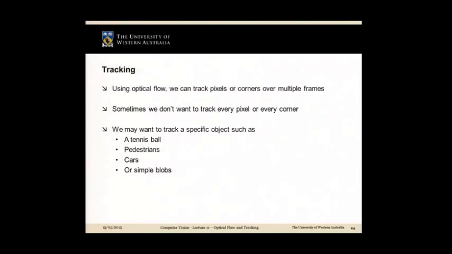So why tracking? We may want to track a specific object such as a tennis ball, right? If we have some world championship going on, we just track the ball to make sure it's falling within the court and all that. You can track pedestrians. You can track cars. In the video that I showed you, we were tracking different cars, or even small or simple blobs.